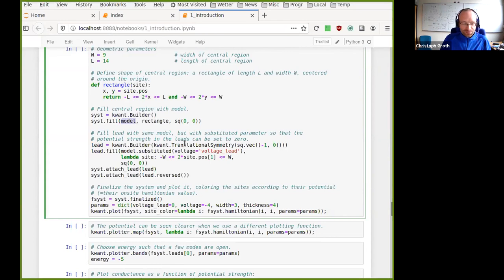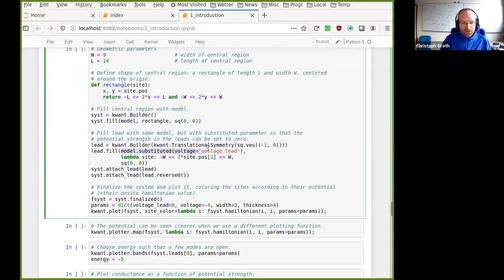But in order to be able to set the potential separately in the leads and in the central region, which are using the same model, there is a feature called substituted. It's a method of model. Well, model is just a builder, so every builder has this method. It's called substituted because it returns a system where parameters have been renamed.